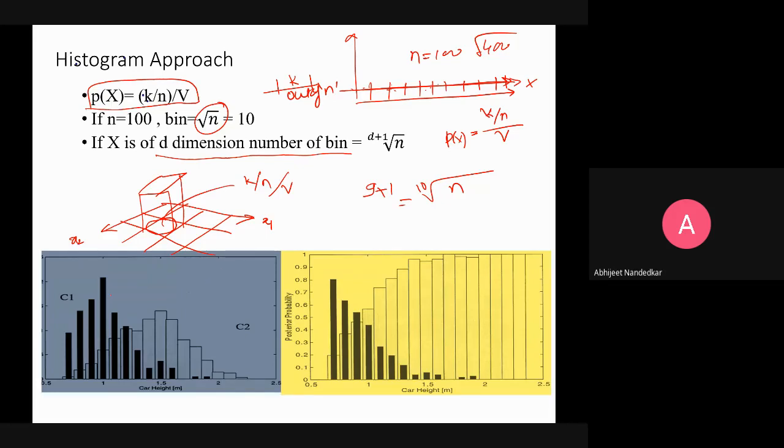This is my probability of x given omega 1, and this was the probability function of x given omega 2, and from that using Bayes we found the posterior probability of omega 1 given x, and this was the probability of omega 2 given x.